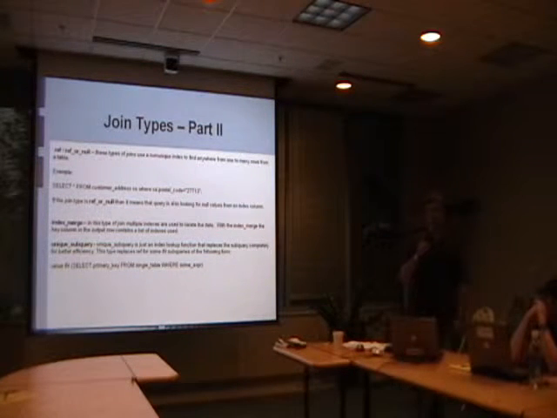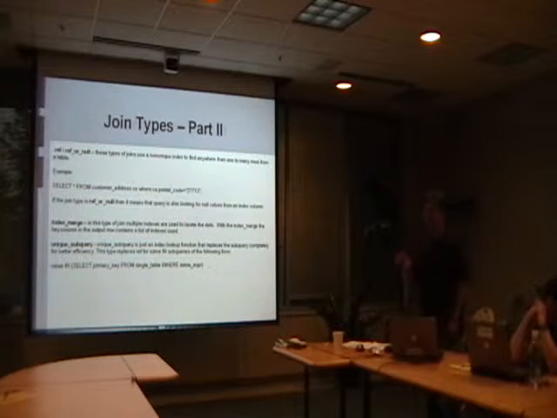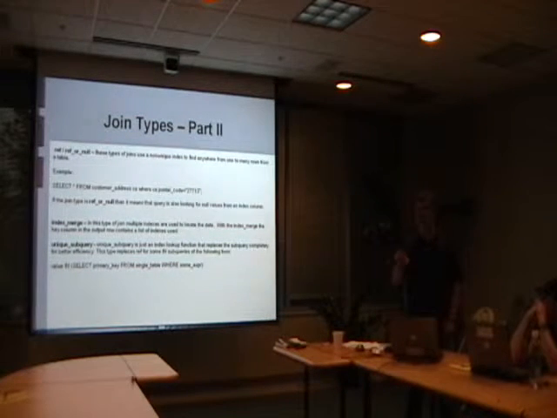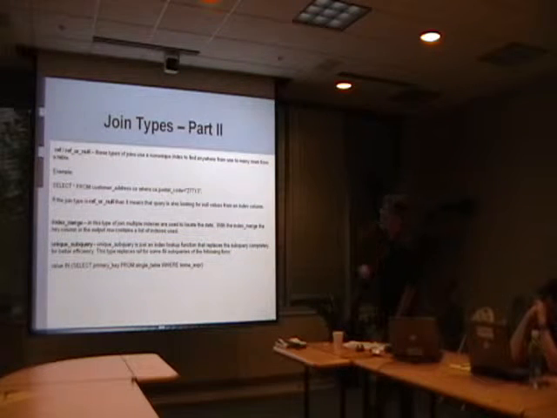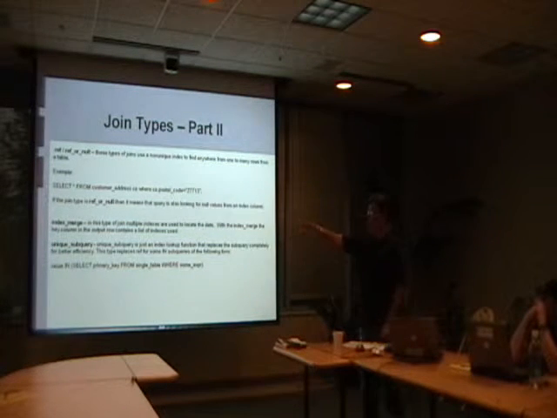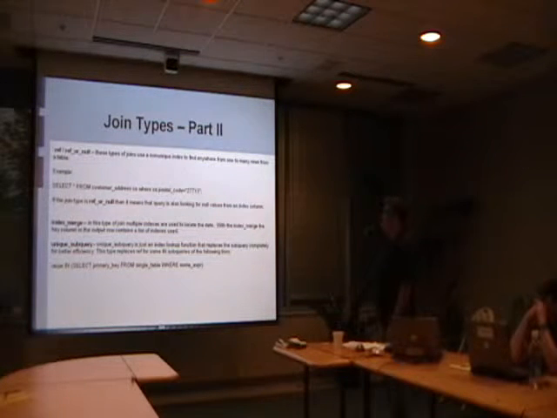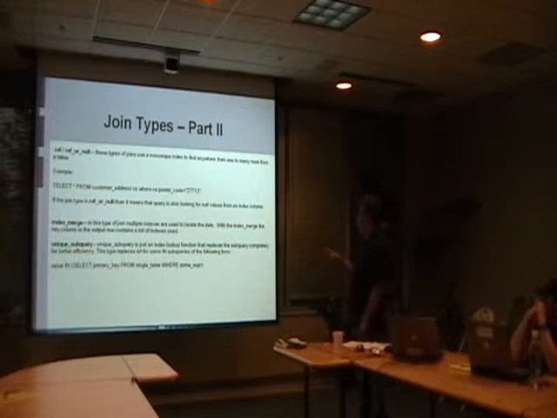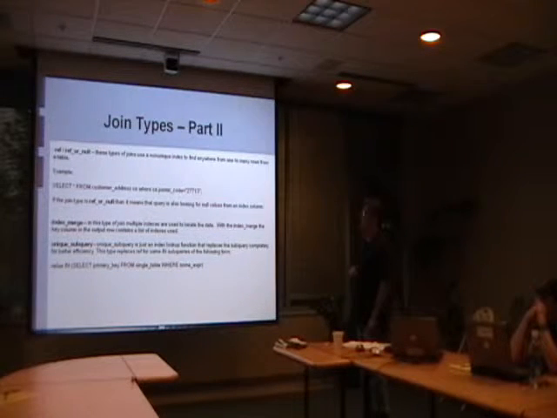You can only use one index on a table prior to MySQL 5. Okay? Doesn't matter how many indexes you've got on your table, it's only going to choose one of them. Well, after MySQL 5, you can use multiple indexes, and it'll show up as an index merge. A unique subquery is an index lookup function that replaces the subquery completely for better efficiency.